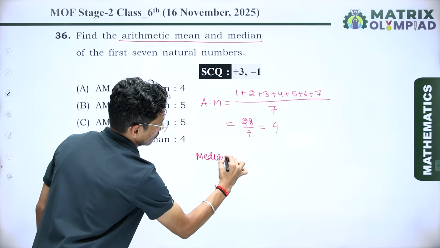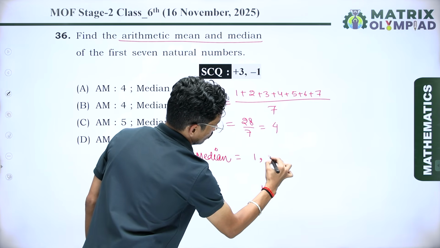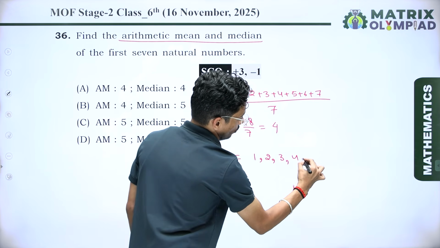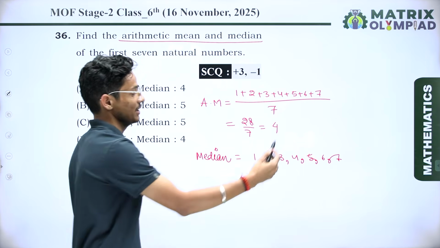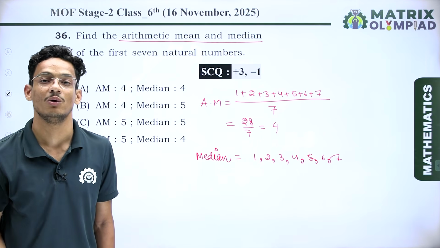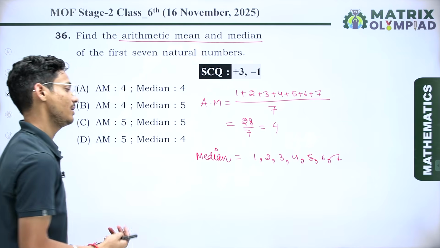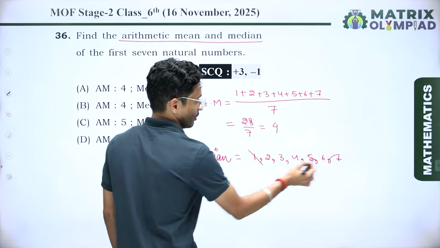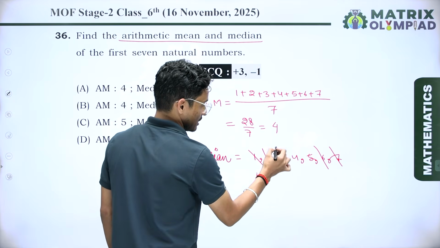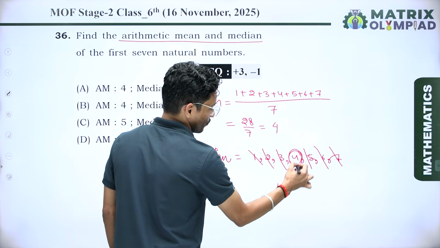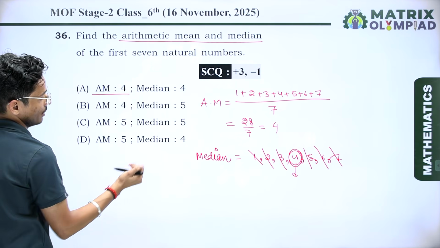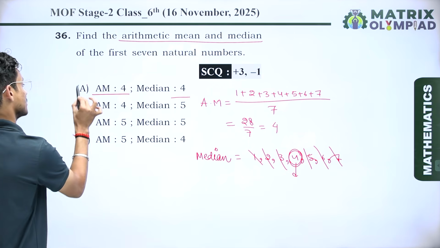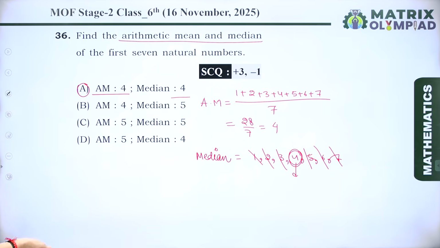For median, 1 2 3 4 5 6 7 are the natural numbers, and all these observations are already arranged in ascending order. So this one to this one cancel out, and the middle term is 4. So median is 4. Here the arithmetic mean is 4 and the median is also 4. So option number A is the correct answer over here.